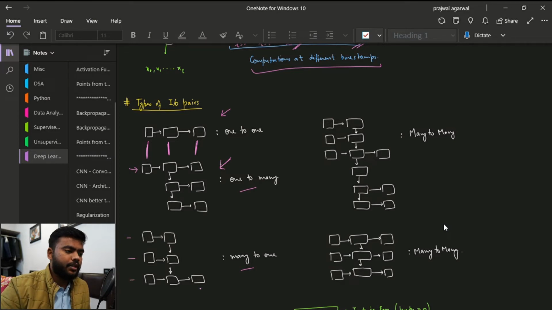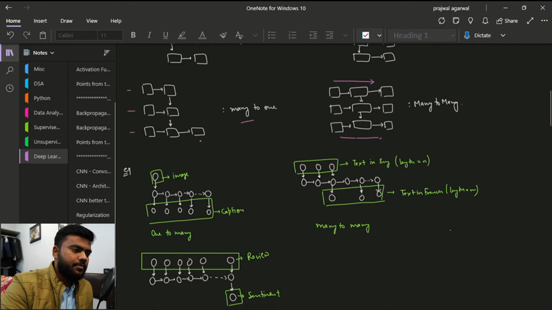This can be about our image. Then we have many to many, and for many to many we have 2 types of structure. First we have this type of structure where every node has a direct output, or the other type of structure is where we have an entire chain of processing before we generate any output. Some examples we can see.